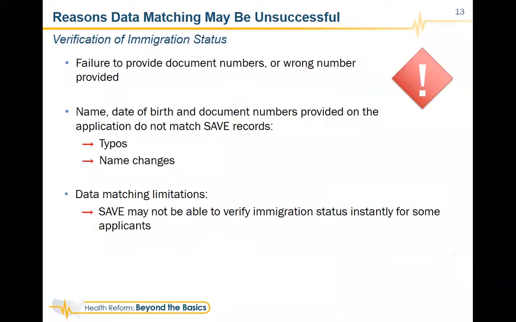So there's a variety of reasons why data matching may not be successful for people who have an eligible immigration status for the marketplace. Oftentimes people fail to provide the document numbers, or they provide the wrong numbers. And that's not that uncommon because it's pretty complicated. It's not super intuitive.